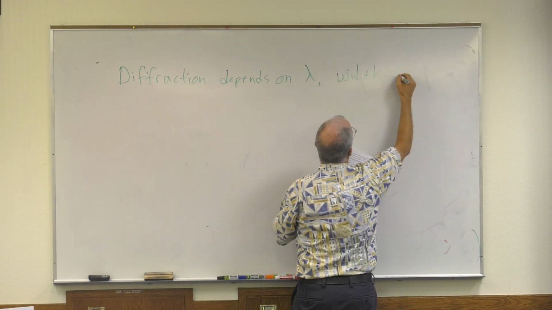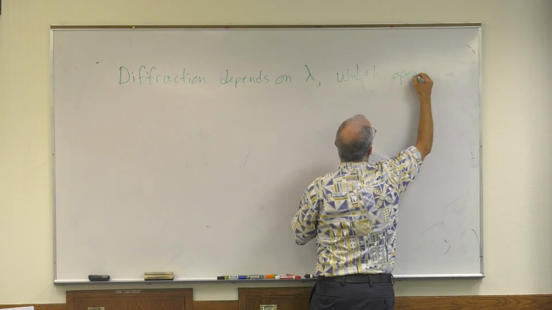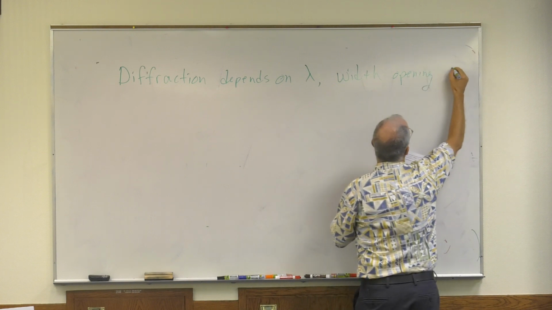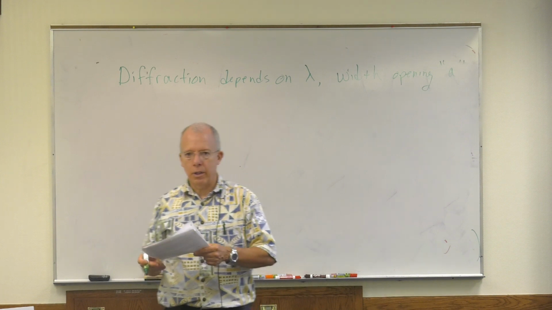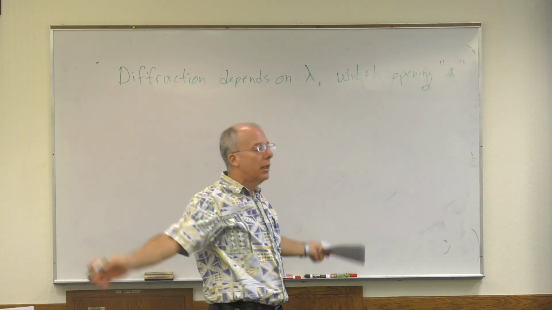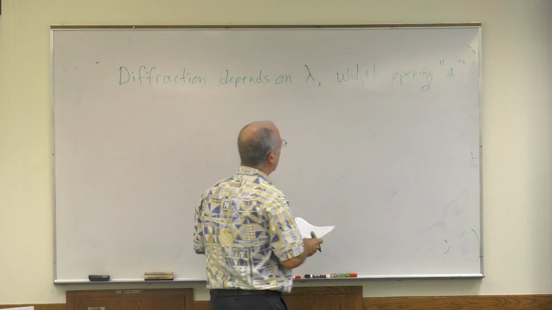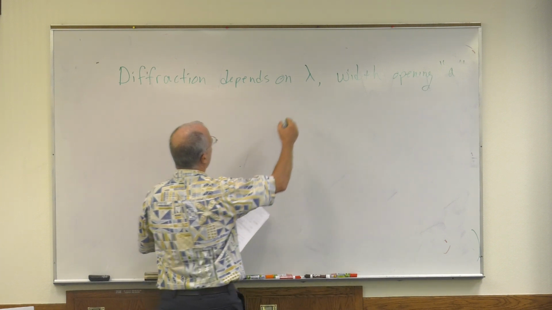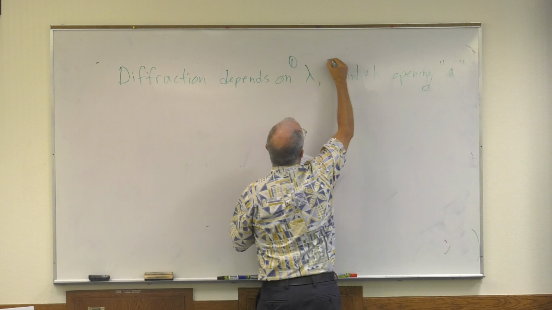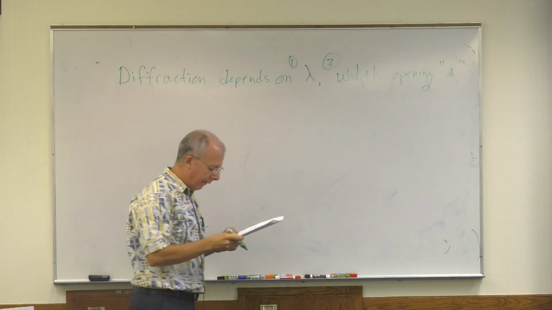And I'm sorry, we're going to use A for that. That's what Randy Knight uses. So the diffraction, how much it spreads, depends on the wavelength as well as the width of the opening. So two things: wavelength and width of the opening.